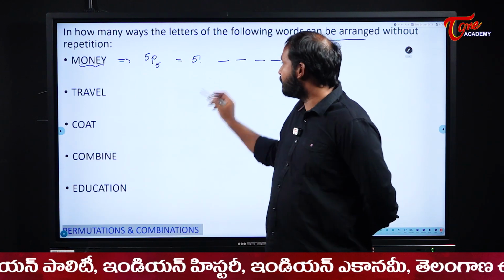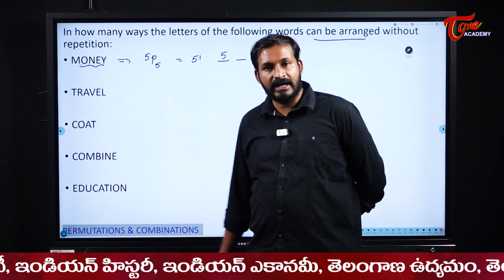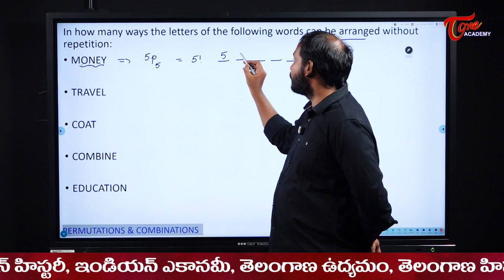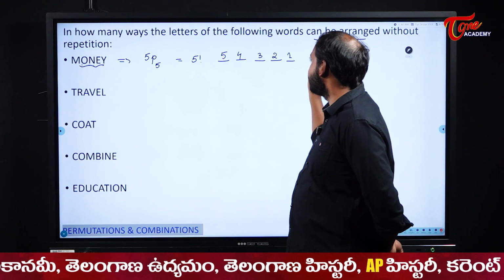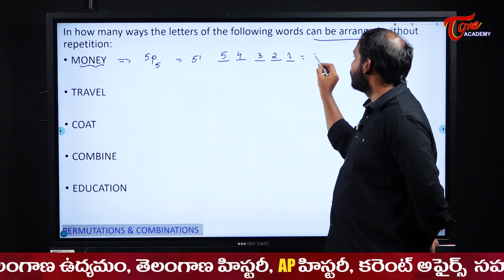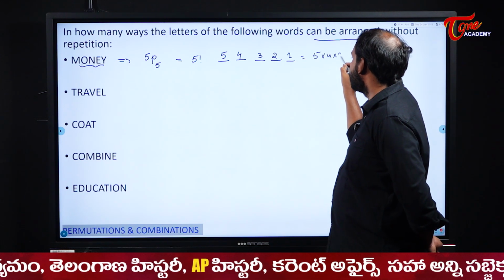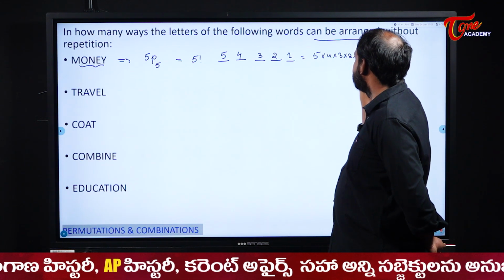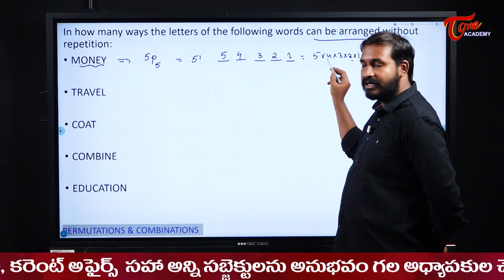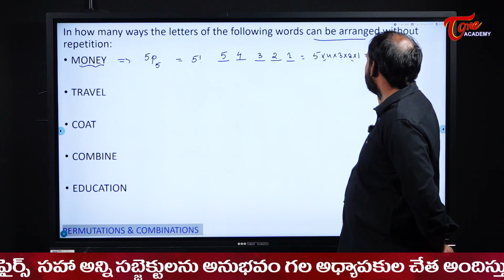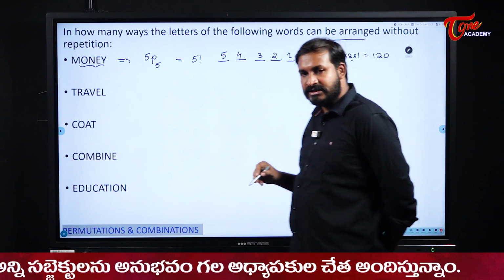Any one of these 5 can be placed at my first position. Am I correct? Yes, sir. When it comes to my second position, 4 chances. Third position, 3 chances, 2 chances and 1 chance. So it will become 5 into 4 into 3 into 2 into 1, the same thing, 5 factorial only. 5 4s are 20, 20 3s are 60, 60 2s are 120. So 5 factorial is nothing but 120.